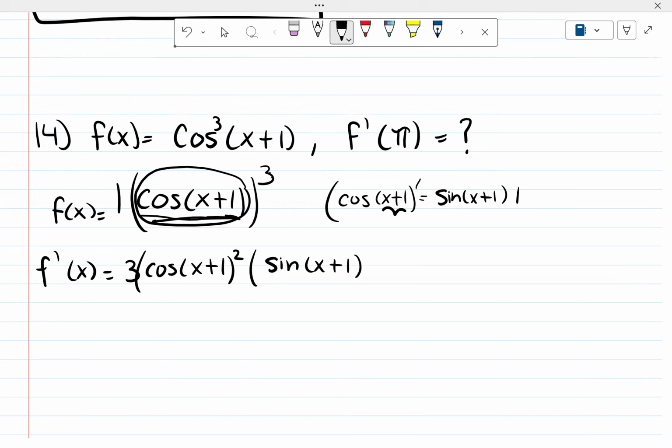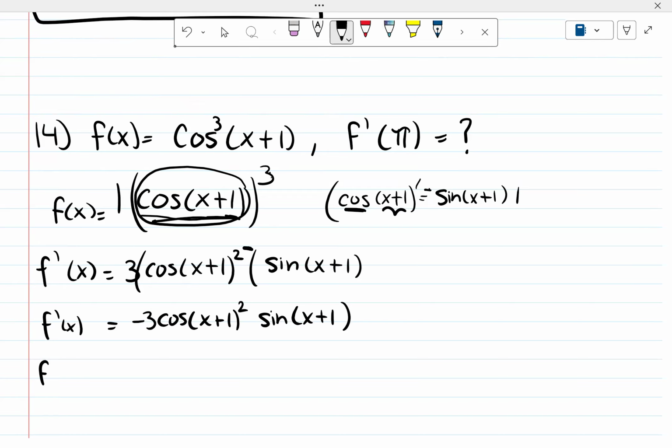Oops, sorry. The derivative of cosine is actually negative, so there should be a minus. So it's going to be -3 cosine of x plus 1 squared times sin of x plus 1, right? So this is f prime of x.